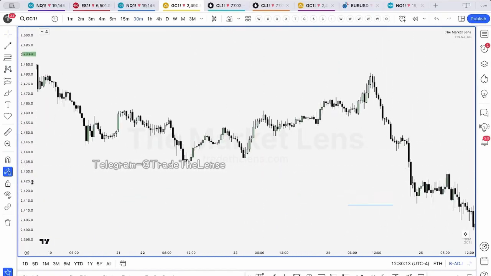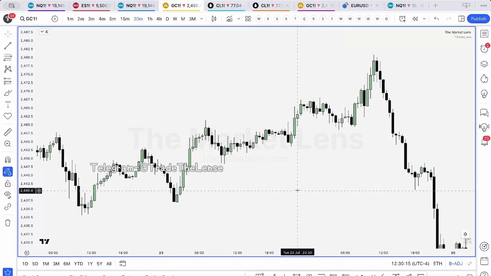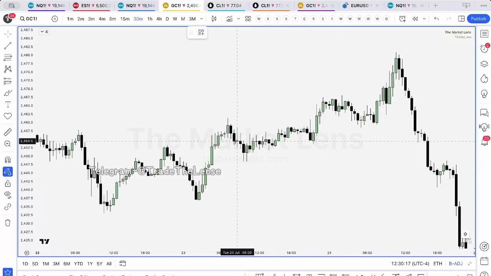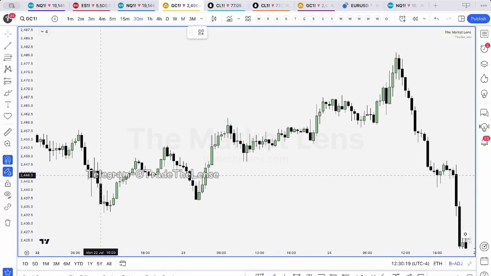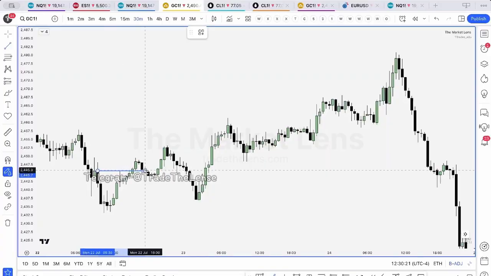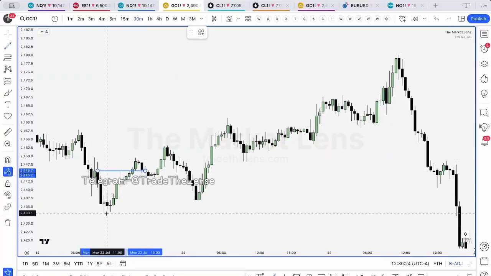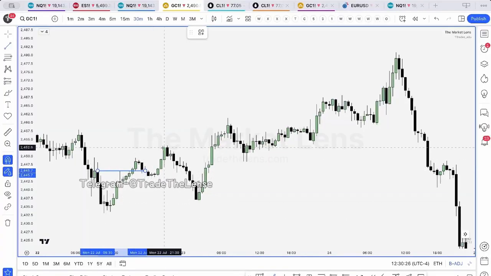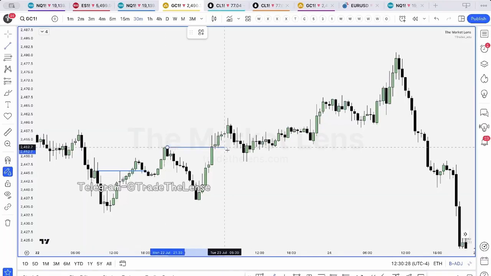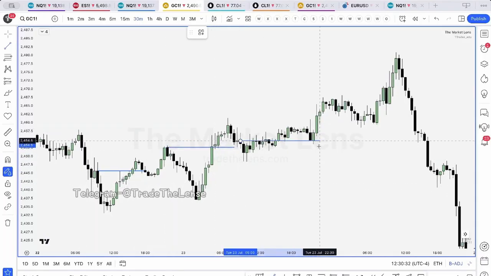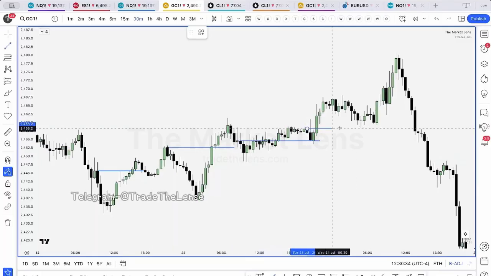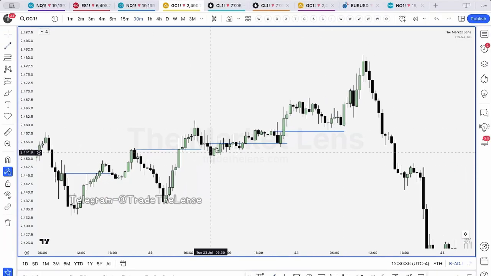So this is just a very good example, so I will use it. But if I'm trying to determine trend, I'll just use order blocks. So if we go and close over that, we should respect this low. Close over, respect the low. Just marking out order blocks.